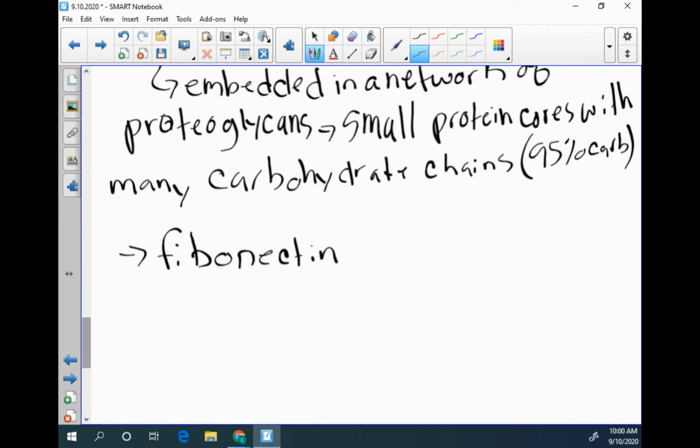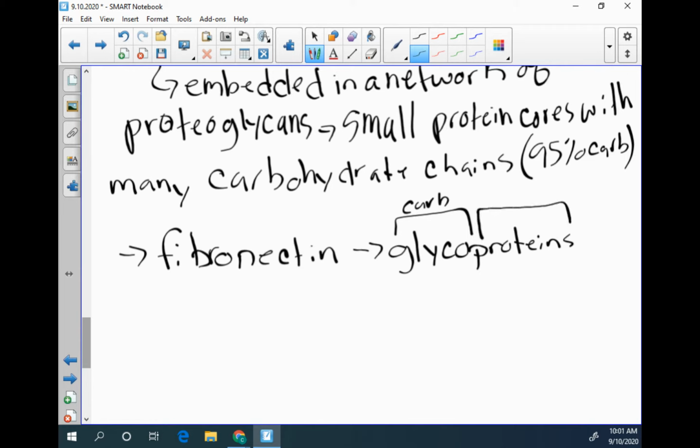Collagen, proteoglycans, and now we have fibronectin. They are glycoproteins. Now, glycoproteins just mean that they are part carbohydrate and part protein. So, fibronectin are also carbohydrate and protein things that attach cells to the extracellular matrix.